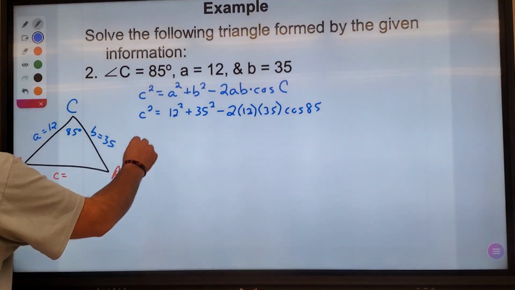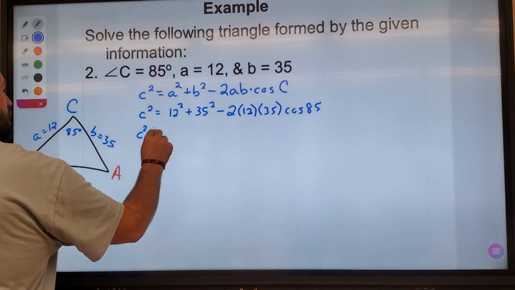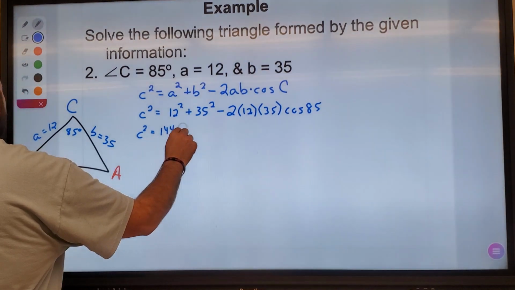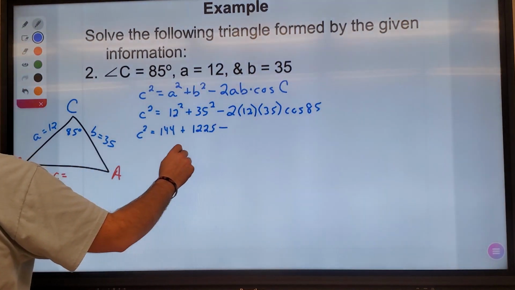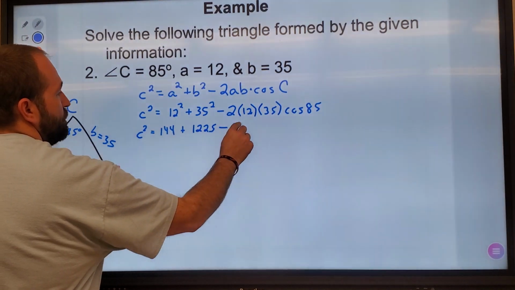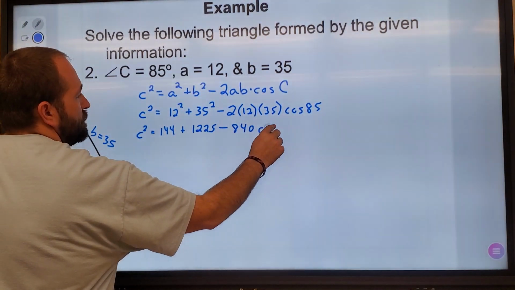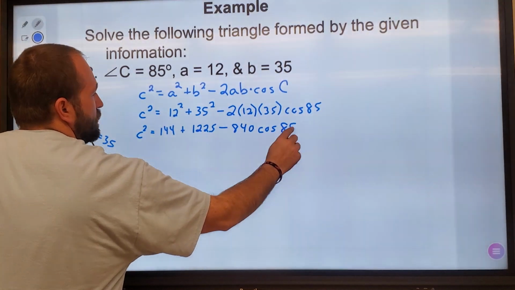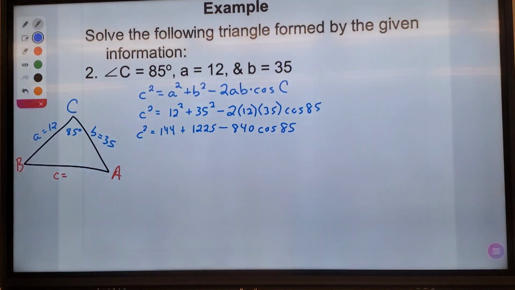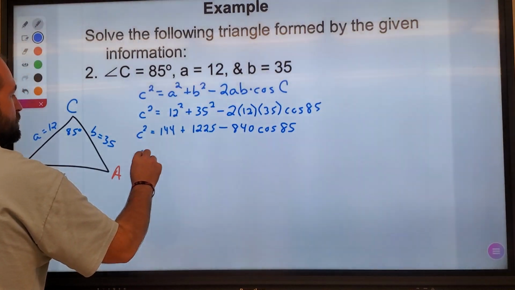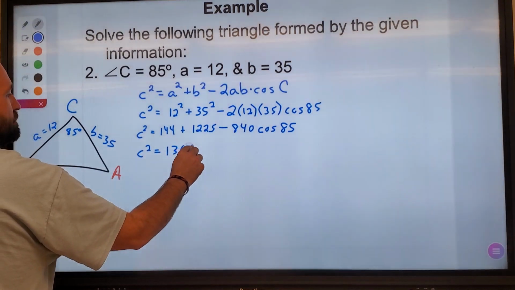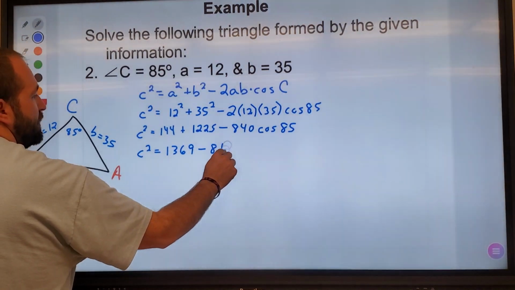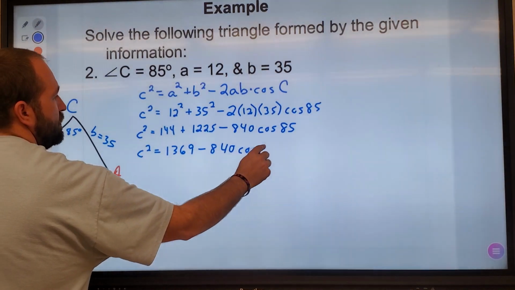So working that out now, we have c squared is equal to 144 plus 1,225 minus 840 cosine of 85. You're then going to add these together, so c squared is equal to 1,369 minus 840 cosine of 85.